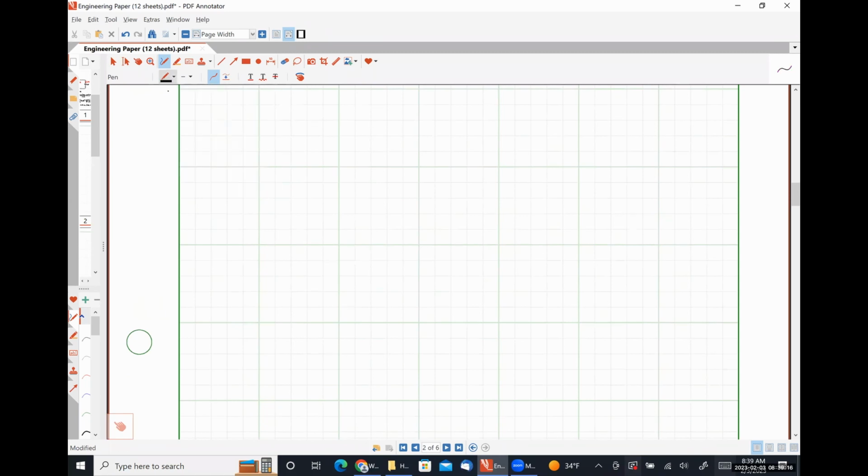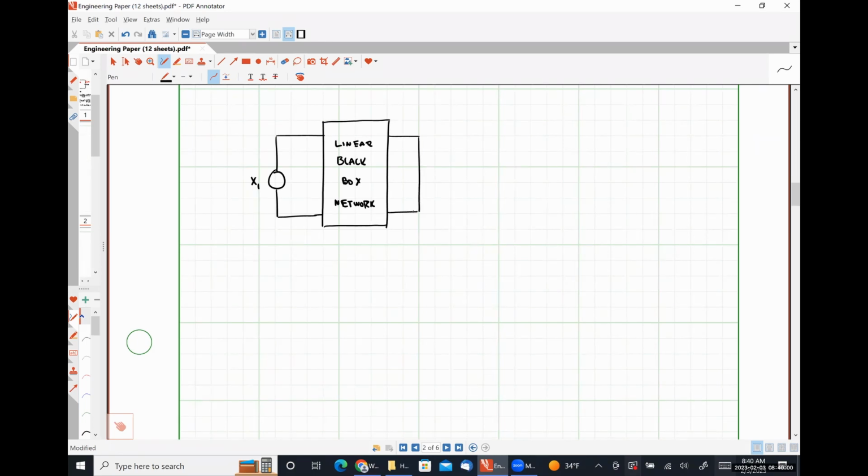So if I have a linear black box network, meaning that it can contain any combination of resistors, capacitors, inductors, and I apply a signal, let's call this signal X1, and I measure an output signal Y1.